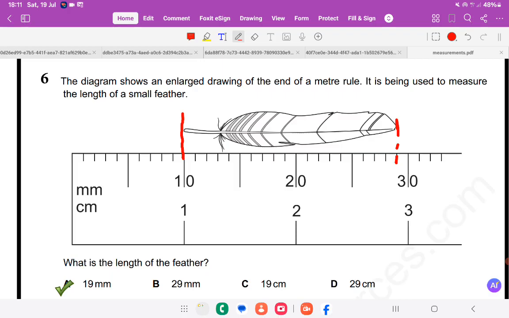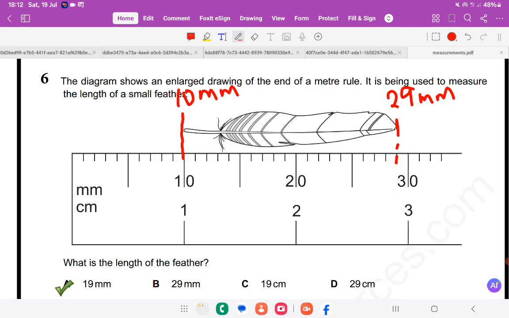So if you look at the ruler carefully, you see that each division is 1 millimeter. Okay, the least count is 1 millimeter. That means this must be 29 mm. Okay, and here it must be 10 mm.